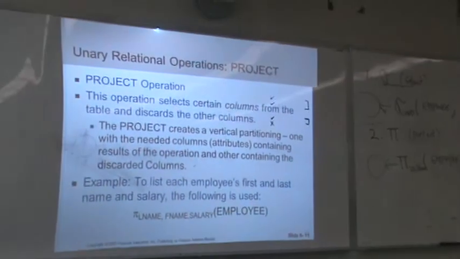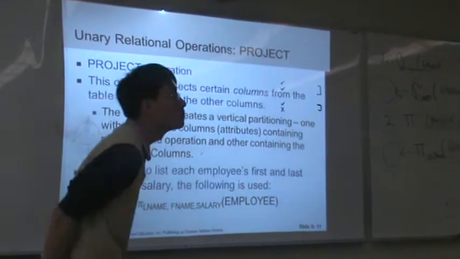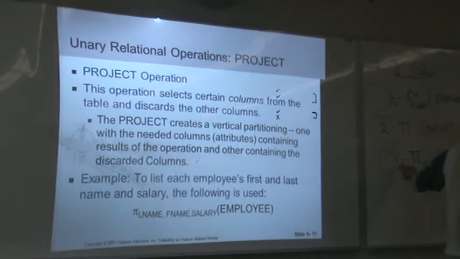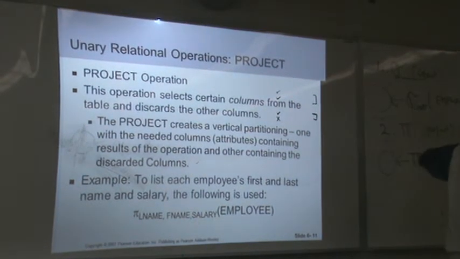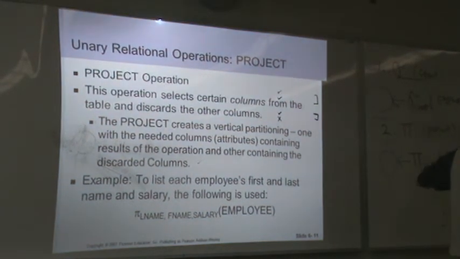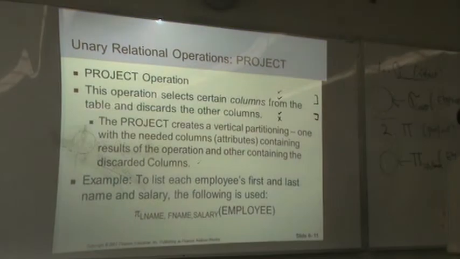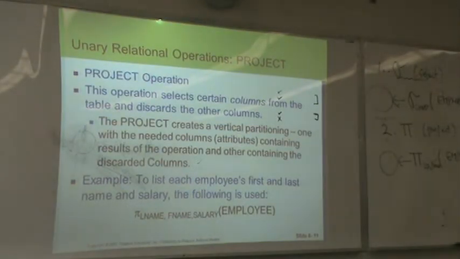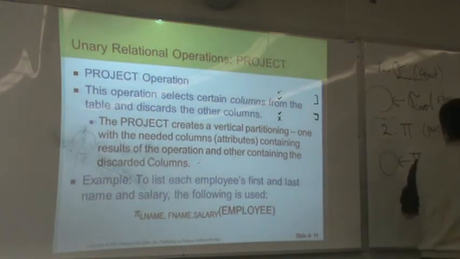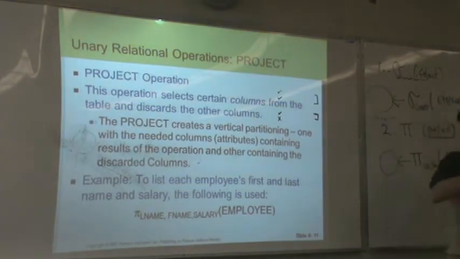So pi does not mean select, right? What's the symbol? This is a pi, a capital letter. It is not select, this is the project. Projection: we write project and specify the columns.